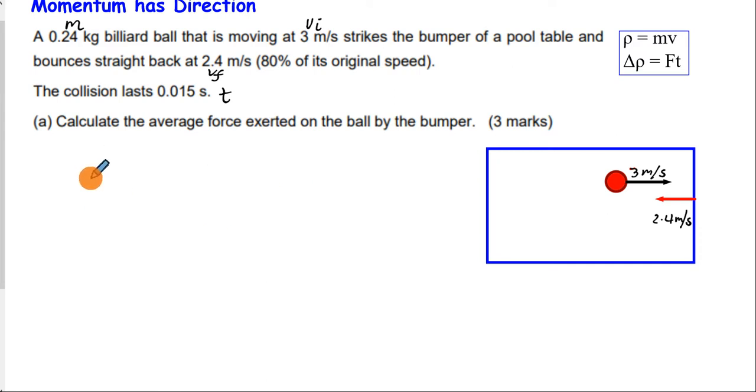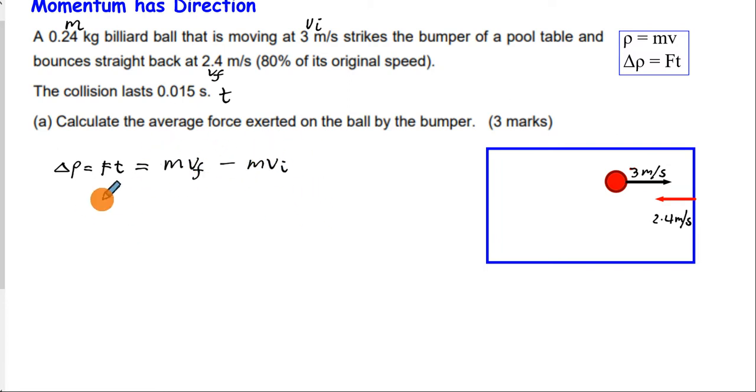So this is what a lot of people will do. They say, okay, change of momentum is force times time, and change in momentum is mv final minus mv initial. So basically it measures the change, because if you take the initial value out of the final value, you get the change.